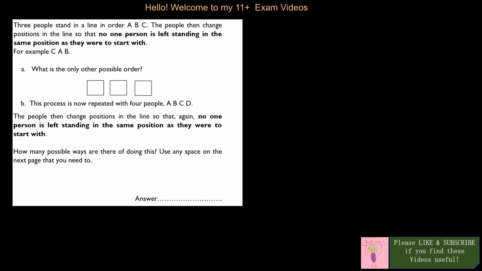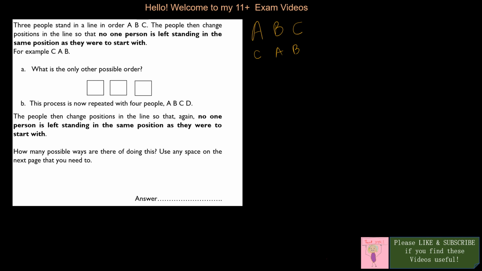So if we write it down, we have A and B and C, these are the three people. Now three positions they have taken up, and the next position they have given us as an example is C, A, B. So you see none of the positions are being repeated.